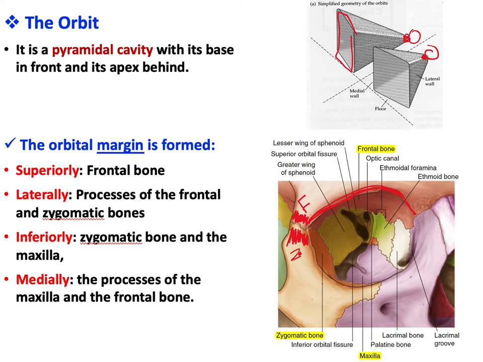On the other hand, if you move to the other side medially, the margin is also formed by two processes, the frontal process of the maxilla and the maxillary process of the frontal bone. Now let us move inferiorly. Inferiorly, the margin, as you see, is formed by the maxilla and zygomatic bone.